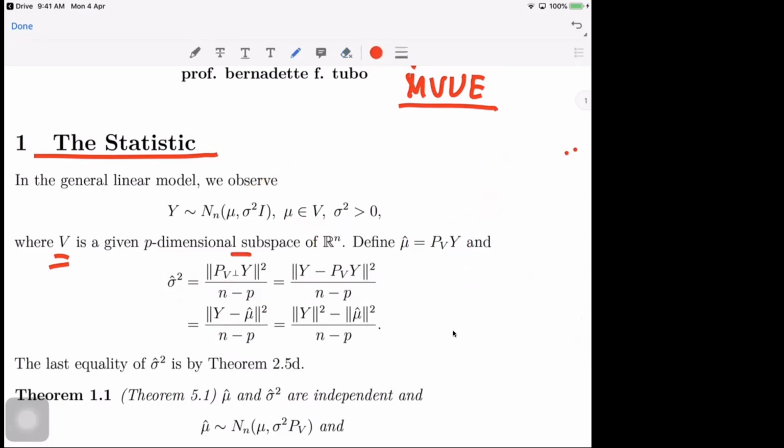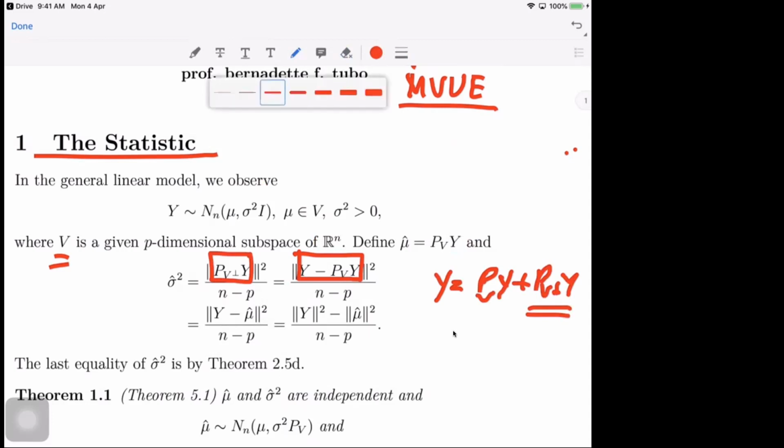Okay, so you know that the projection of y onto V perp can be written as y minus the projection of y onto V. I was saying that y is just a sum of the projection and the rejection, right? And then, of course, you can always write the projection of y onto V perp as the difference of y and the projection of y onto V. So you have a result there, from the lemma earlier anyway.